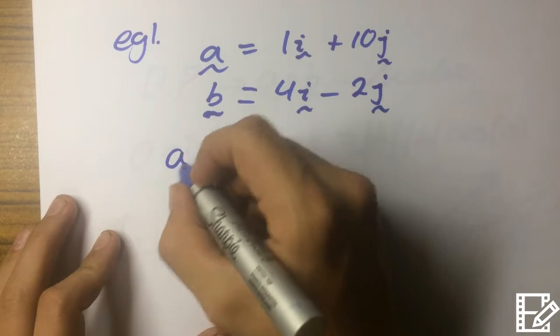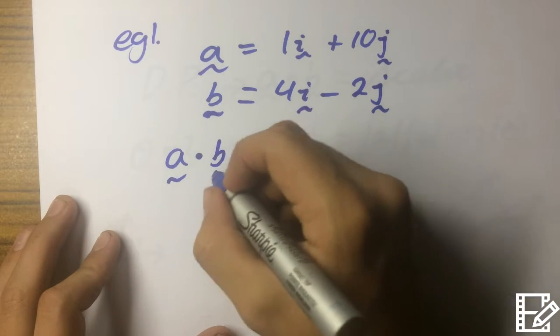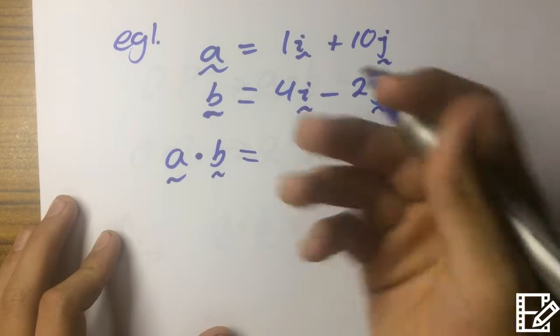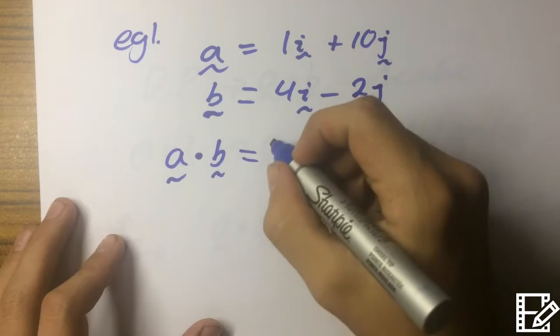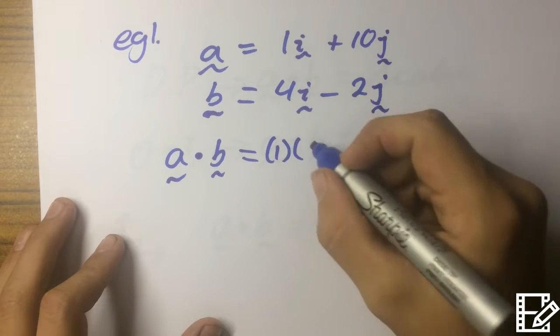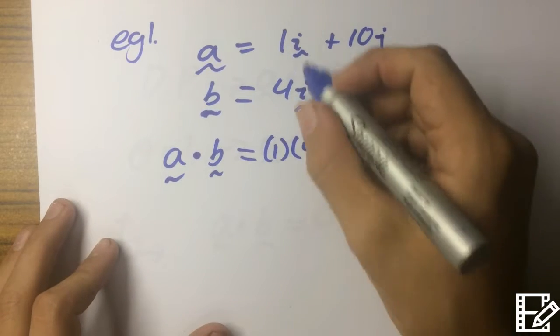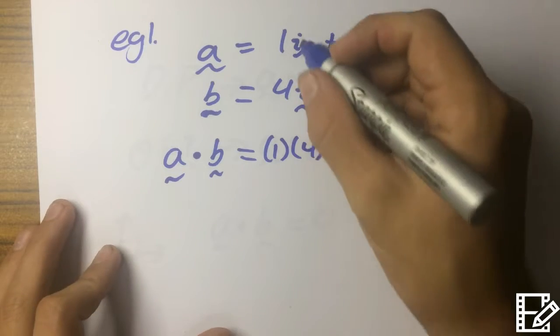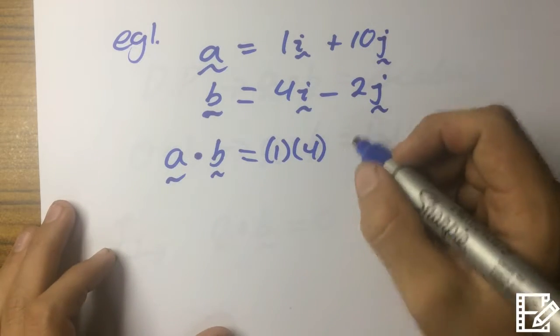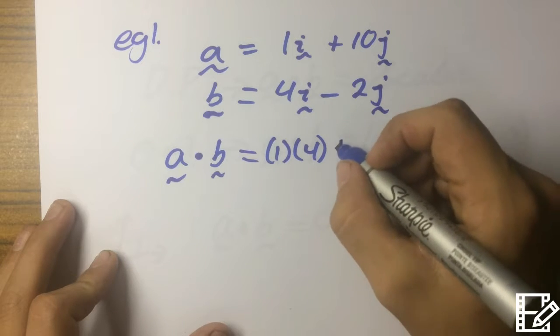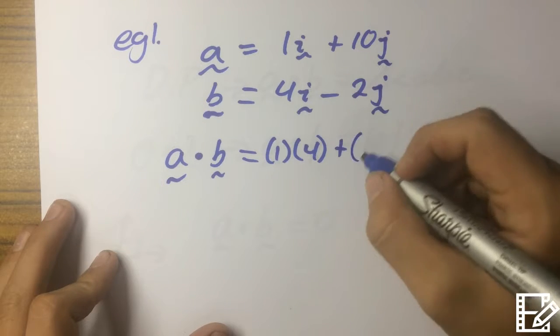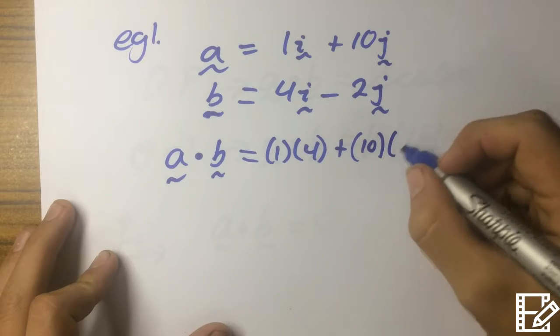So, a dot b, how do we do this? Well, like I said before, we multiply the i components together. So 1 multiplied by 4. We don't use the coordinates, we don't put the i's or the j's in for this one. And then we add it to 10 multiplied by negative 2.